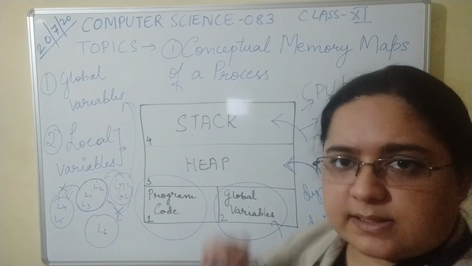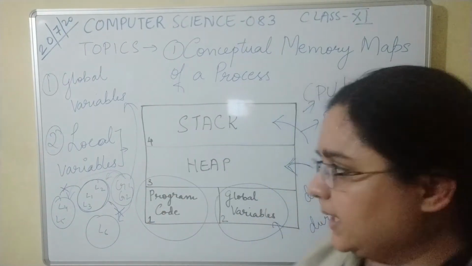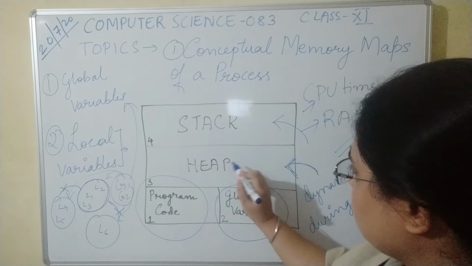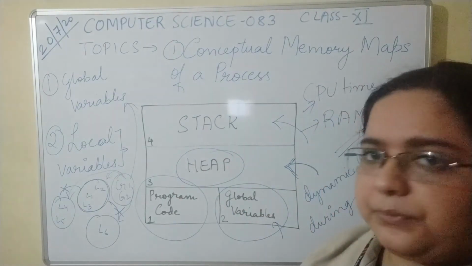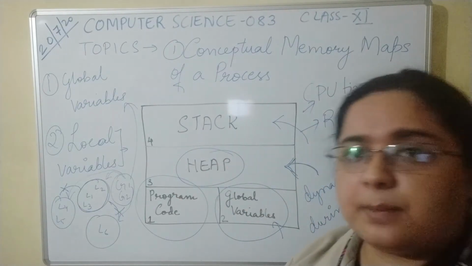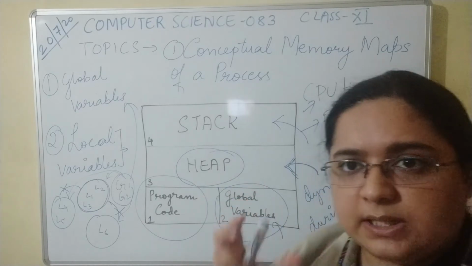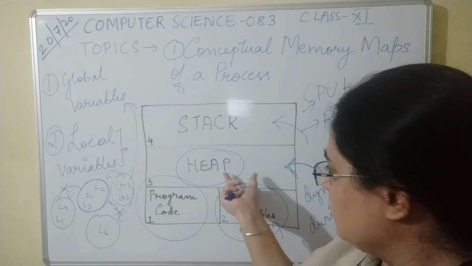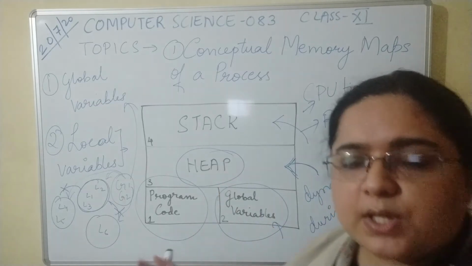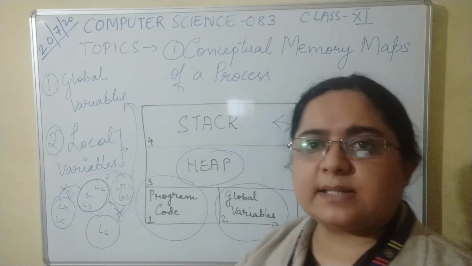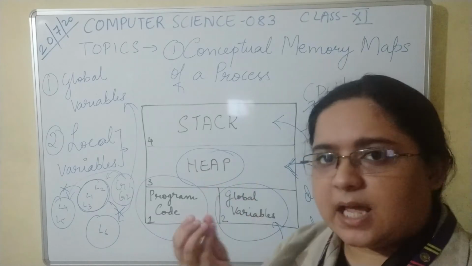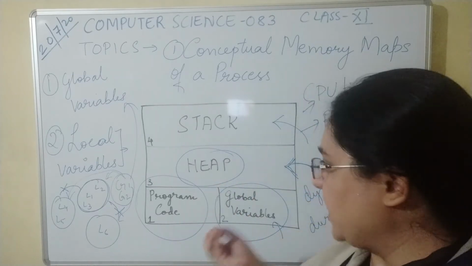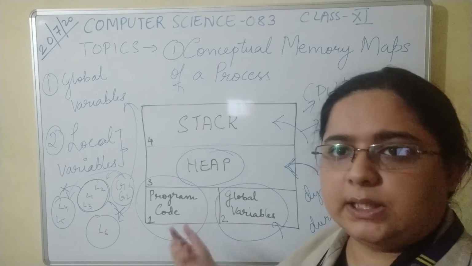All this concept also we will be learning a little later. For that purpose, the free memory will come from a place of available free chunks of memory known as heap. So this is provided to the program so that whenever the program needs some dynamic memory areas or space, it can take that from the heap.